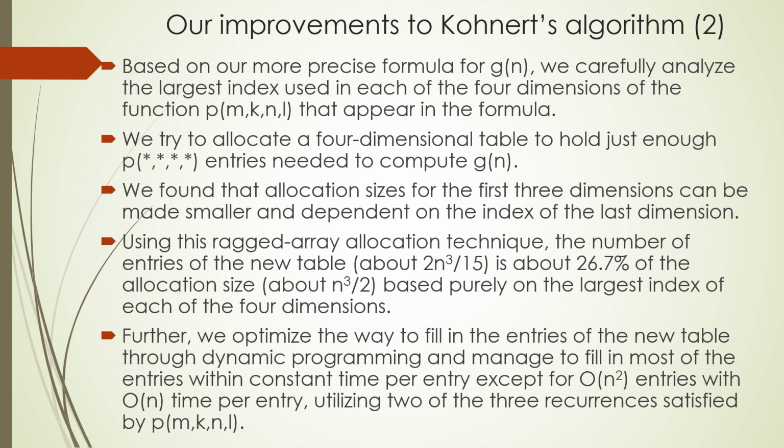And we find that we can use the regular array allocation technique from computer programming to reduce the number of entries needed in the table. And the idea is that we find that the allocation size for the first 3 dimensions of the function actually can be made smaller and dependent on the index of the last dimension.